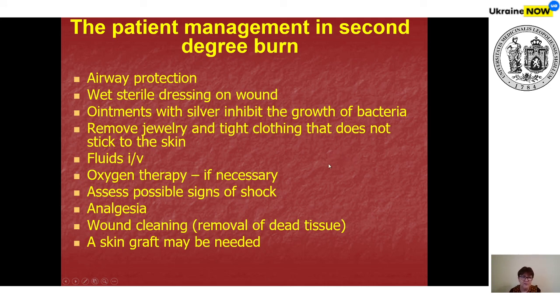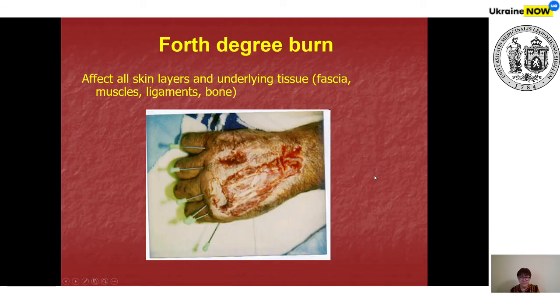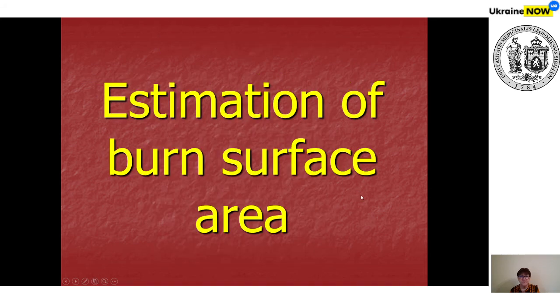Intravenous fluids are needed, oxygen therapy if necessary, assess possible signs of shock, and provide analgesia, mainly opioids, wound cleaning, removal of dead tissue, and skin graft may be needed. Third degree burns look like this, and on healing there will be contractures. Fourth degree burns affect underlying tissues.